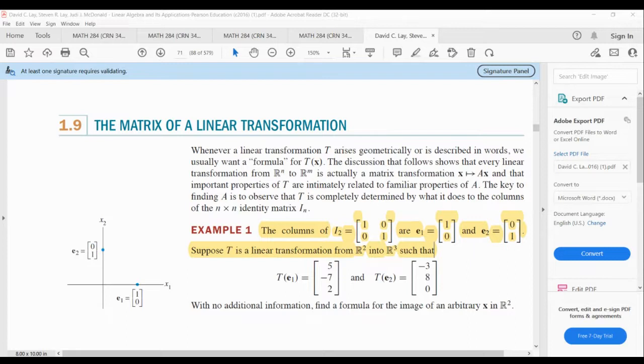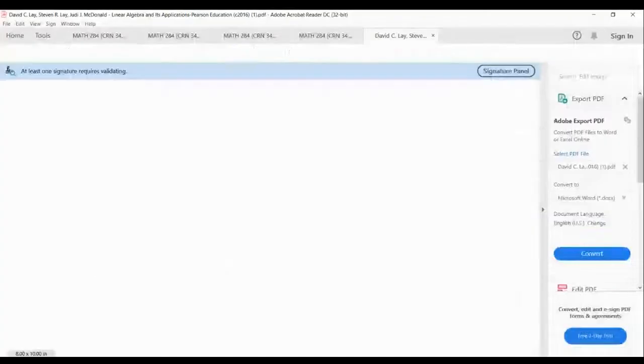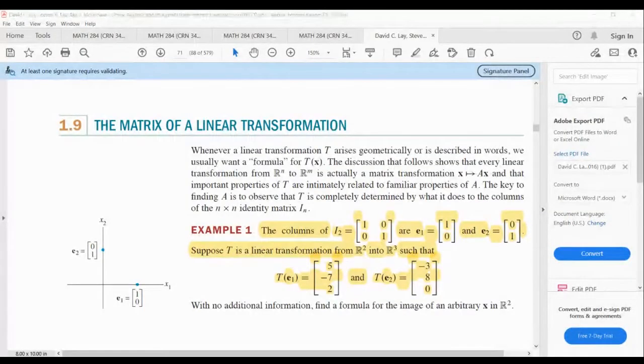And so in example 1, they have I sub 2, that's an identity matrix. And then E sub 1 is 1, 0. E sub 2 is 0, 1. That would be like i and j in two-dimensional space, but we call those vectors E1 and E2. Now, suppose we have a linear transformation that maps from R2 to R3.